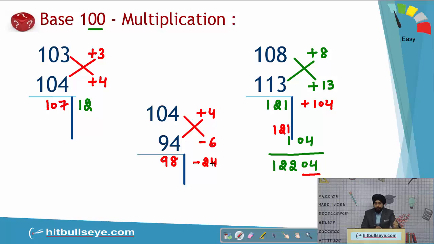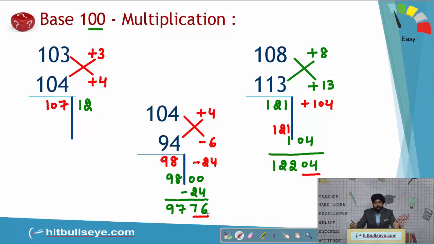Now it is a negative 24. So what you're going to do is you will take this left hand side as a complete 9800 number. From this you will subtract 24 and your final answer shall be 9776. Again you can see we are placing only 2 digits on the right hand side, 9776.